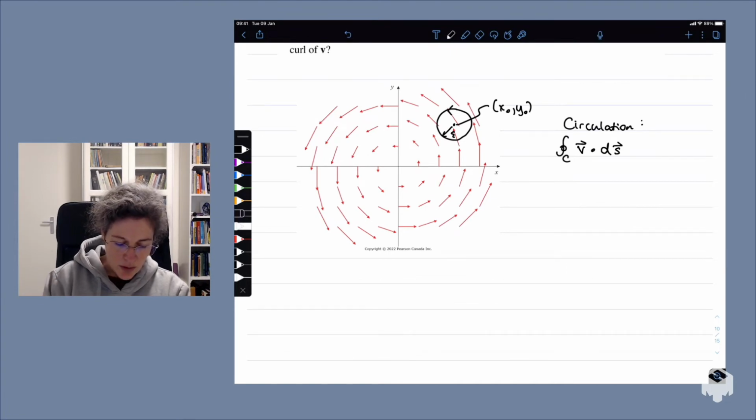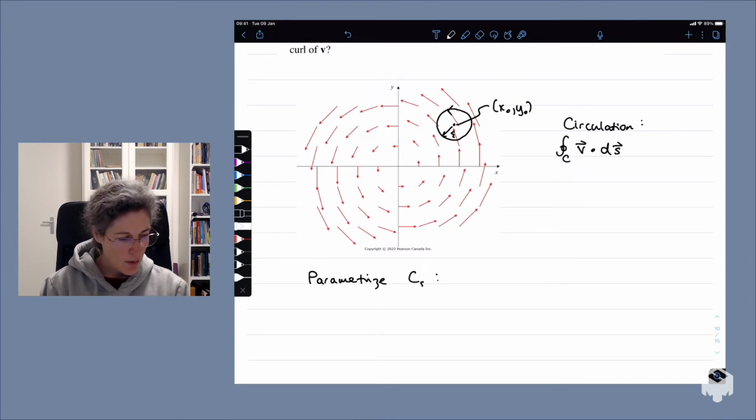The first thing we need to do is parameterize our curve. And probably the easiest parameterization, so this is a C epsilon. And we know how to parameterize a circular curve away from the origin. You can check that for yourself.